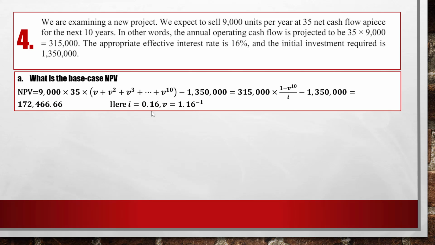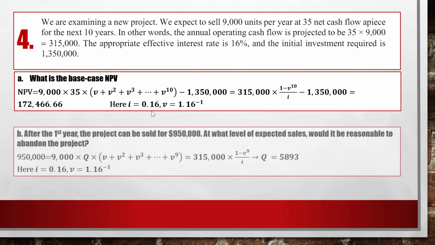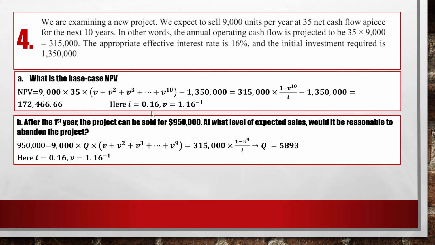And remember, what we pay, we have to use the negative sign. What we receive is positive. So this is the net present value, 172,466.66. This is our expectation, that the net present value is 172,466.66.